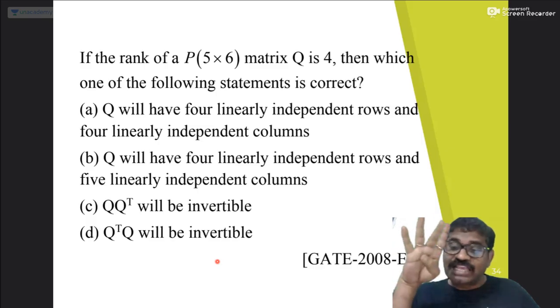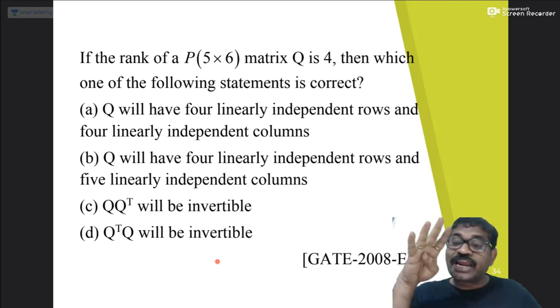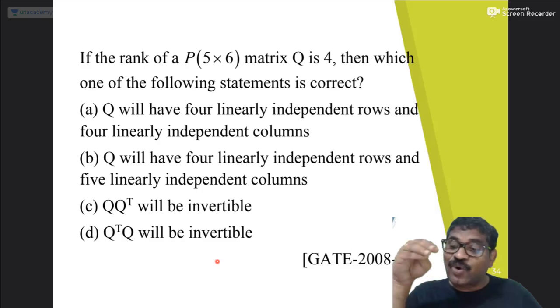If rank is 4, the logic is 4 linearly independent vectors. Are they 4 linearly independent row vectors or column vectors?